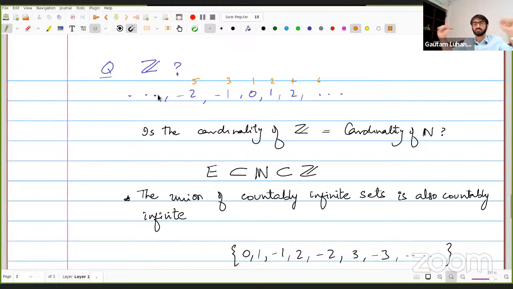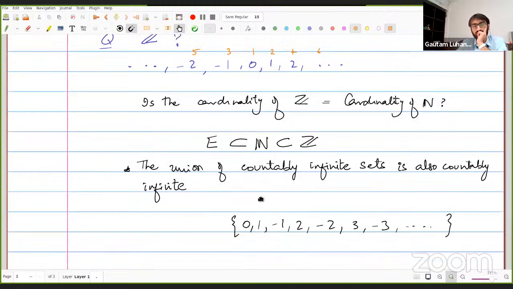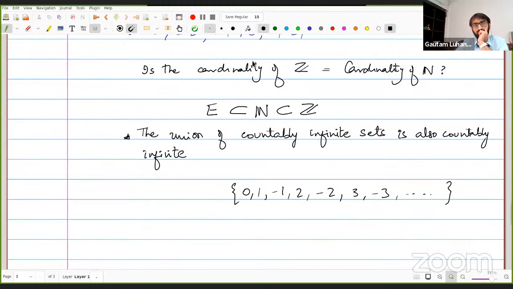If you start alternating between the positive and the negative, you can actually count them all. So let me first draw this mapping, and then perhaps we can come up with a function that corresponds to it. So this is the correspondence: 1 to 0, 2 to this, 3 to this.